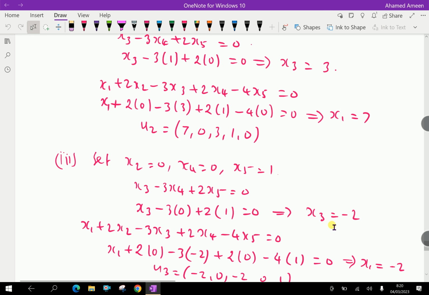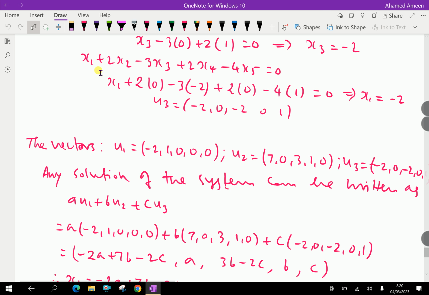Then back substitution in the equation x1 plus 2x2 minus 3x3 plus 2x4 minus 4x5: x1 plus 2 into 0, minus 3 into minus 2, plus 2 into 0, minus 4 into 1 equals 0, therefore x1 equals minus 2. The third vector is written with x1, x2, x3, x4, x5 as these values. Now we got the vectors u1, u2, u3.